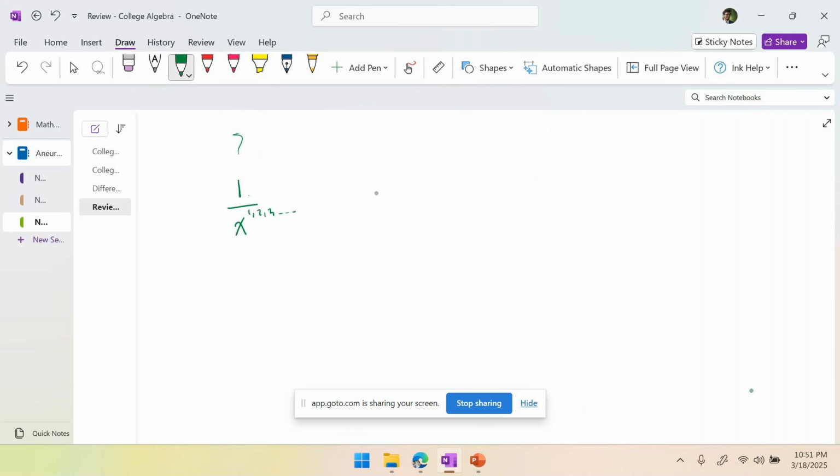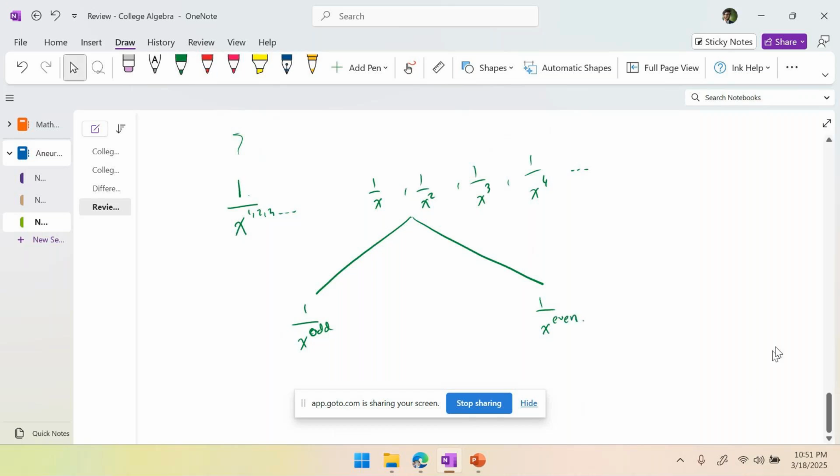So that's 1 over x, 1 over x to the power 2, 1 over x to the power 3, 1 over x to the power 4, and so on. Once again we divided them into two sections: 1 over x to the power odd number, 1 over x to the power even number.